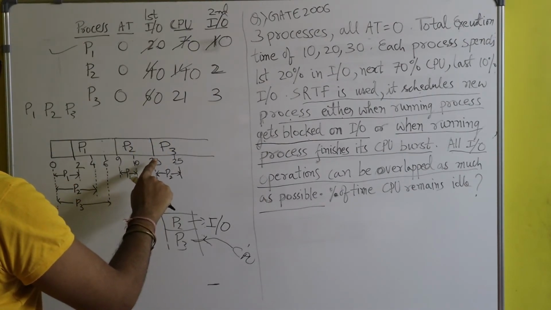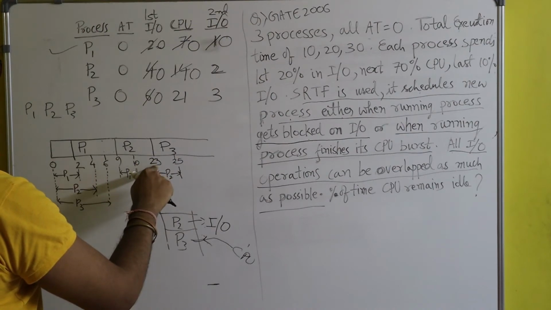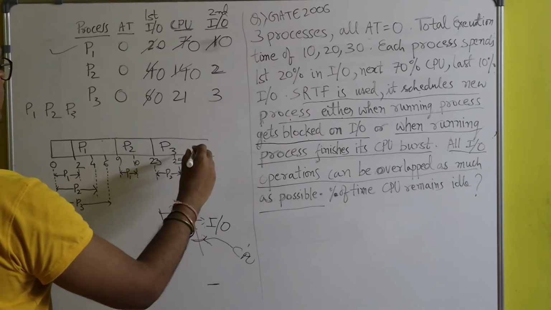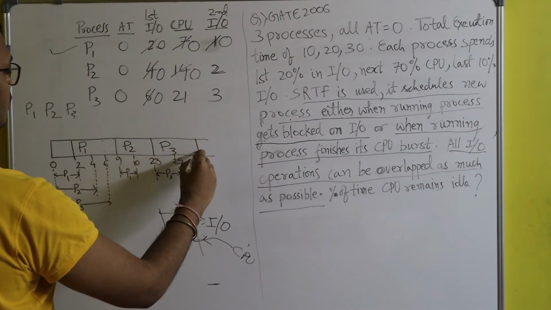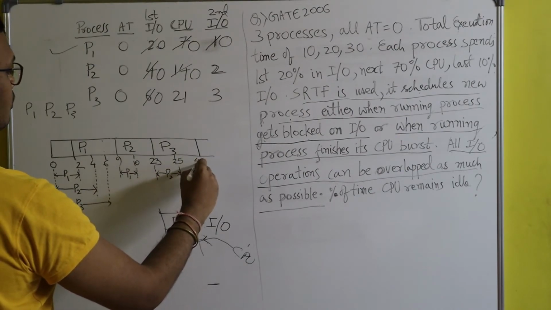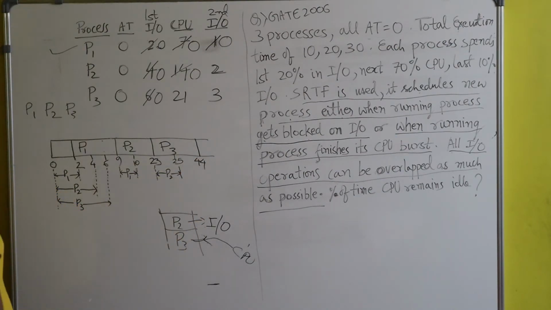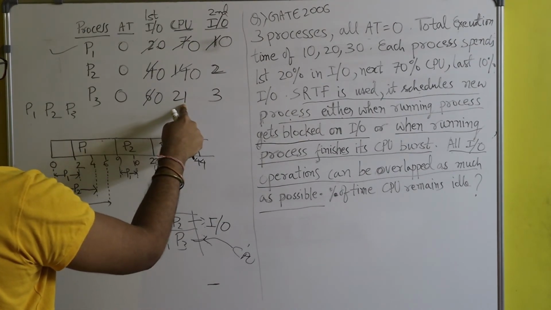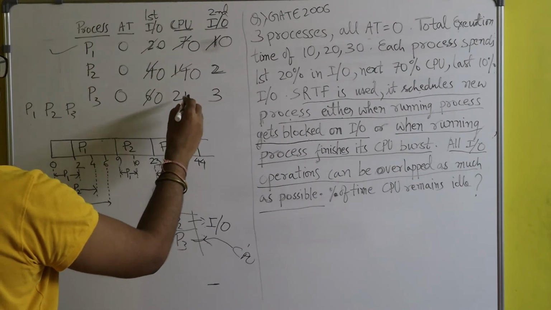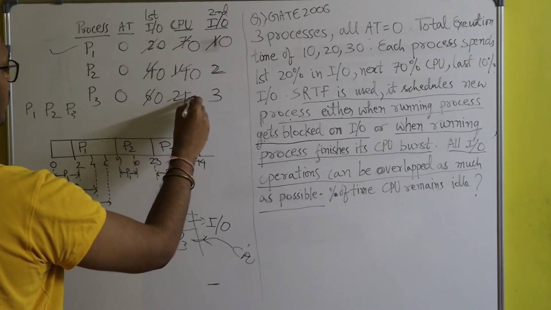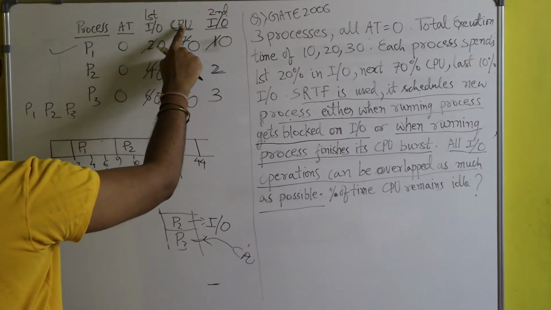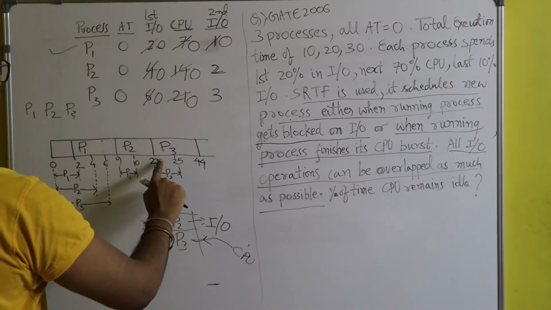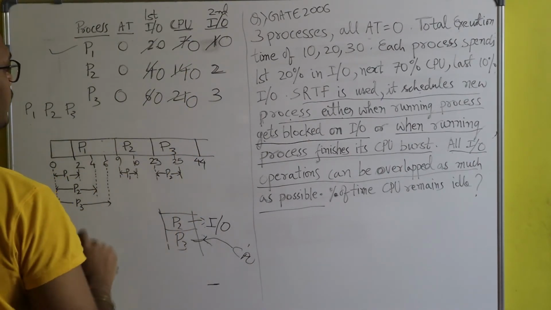So P3 will run from 23 plus 21, till 44 seconds. You see the CPU burst of P3 is fully completed, because P3 has successfully completed its CPU time of 21 seconds.